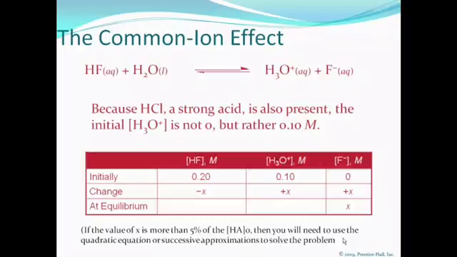But here's the tricky part. When can you ignore the X? This is really hard to remember. If the value of X is more than 5% of the initial concentration of your acid, then you will need to use the quadratic equation or successive approximations to solve the problem.